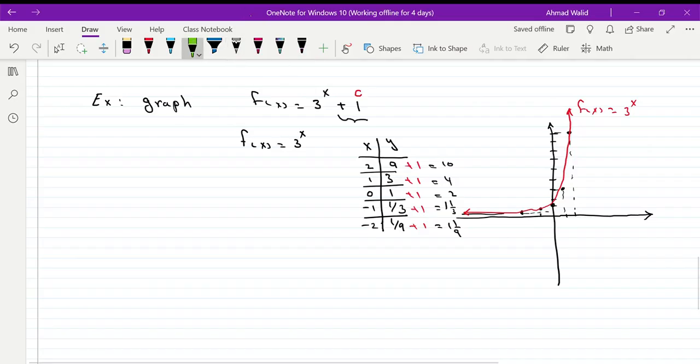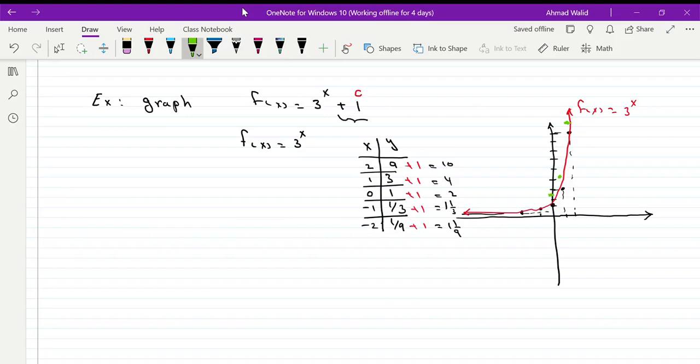If I use the green color, when x is 2, y is 10, somewhere here. When x is 1, y is 4. 1 and 4 will be here. 0 and 2 will be here.